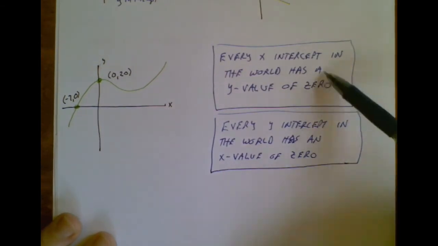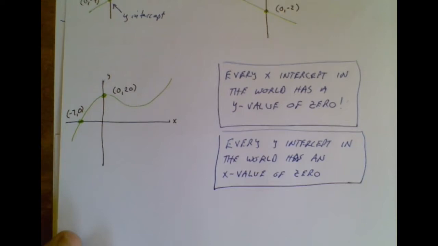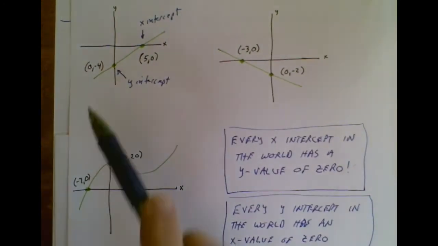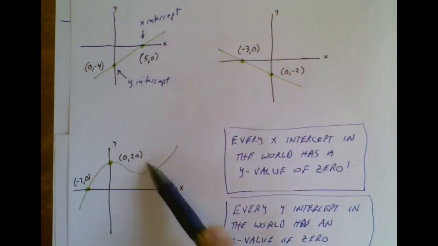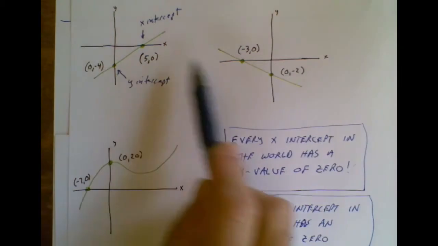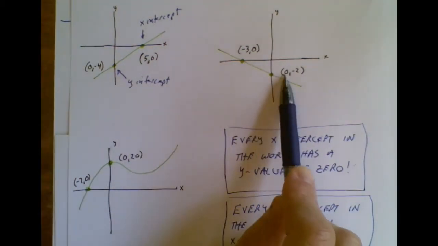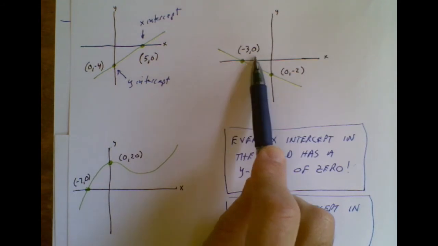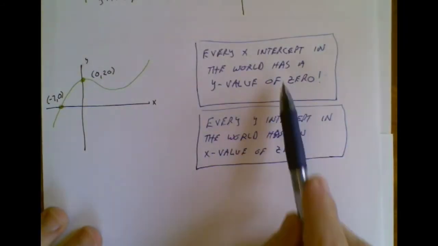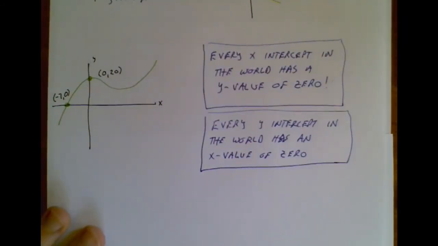These two statements you should probably memorize, but let's say your brain forgets it. Anytime you draw any graph and you put down the coordinates of the x and the y-intercept, you will see that the y-intercept has an x value of 0, the x-intercept has a y value of 0, and that's exactly what these statements are saying.